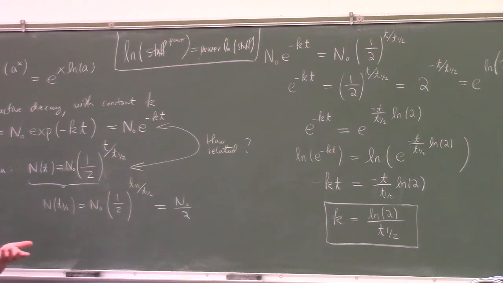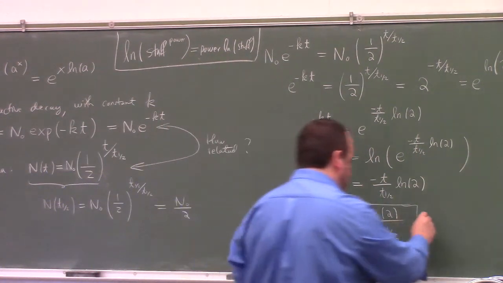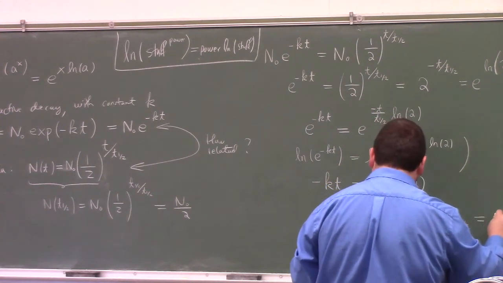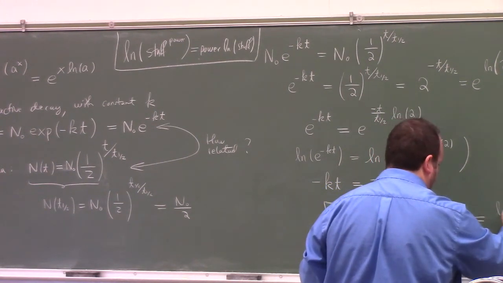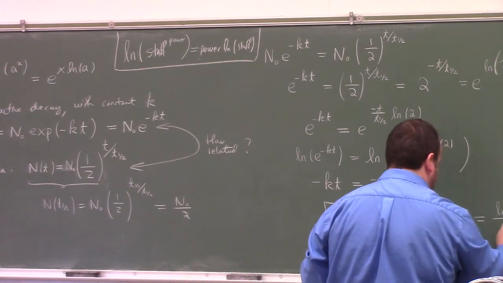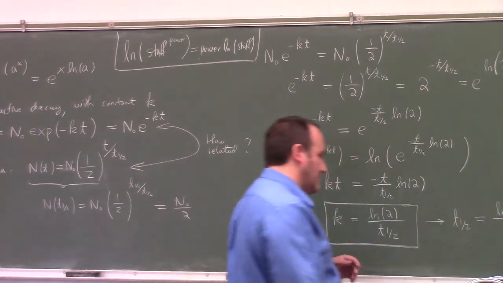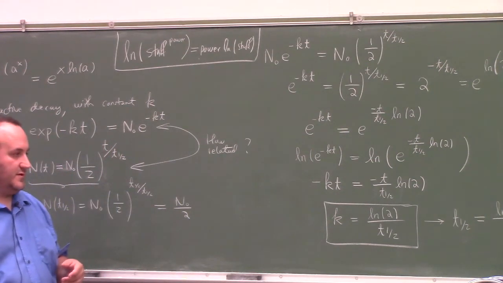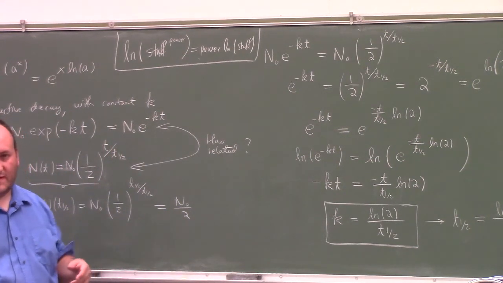For example, if I say the decay rate is 10, what's the half-life? You could figure it out, right? If I solve this for half-life, what do I get? So if k was 10, what would be the half-life?